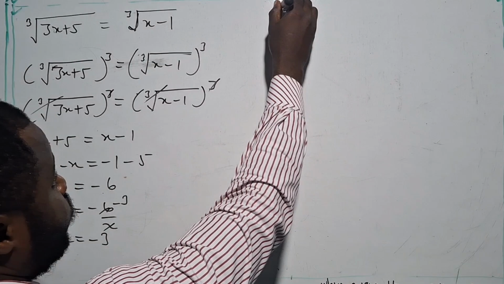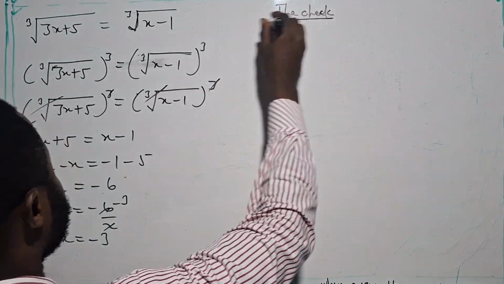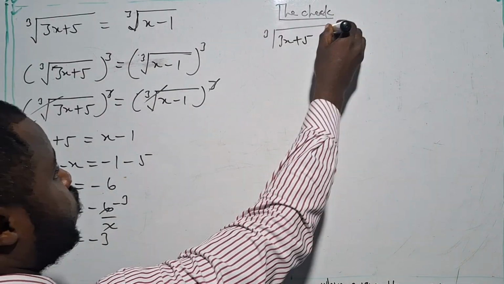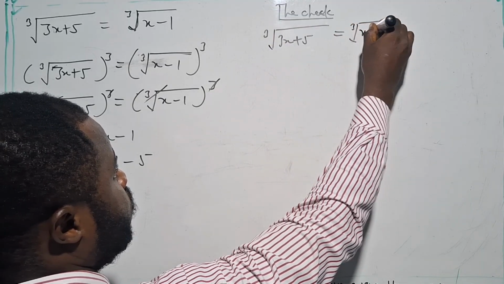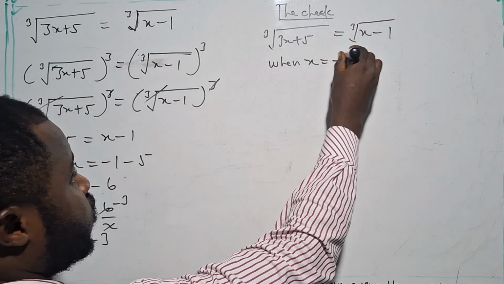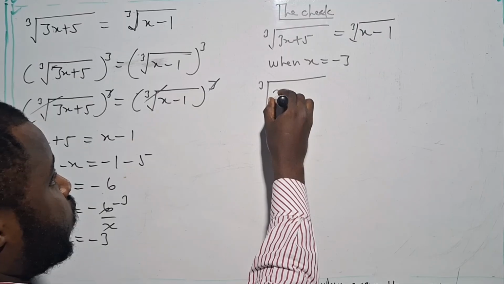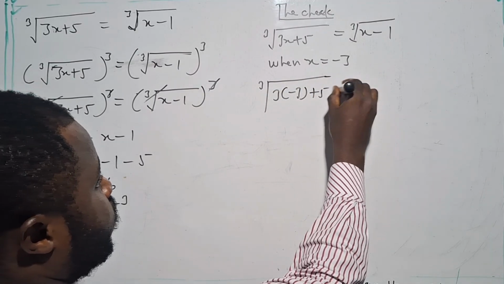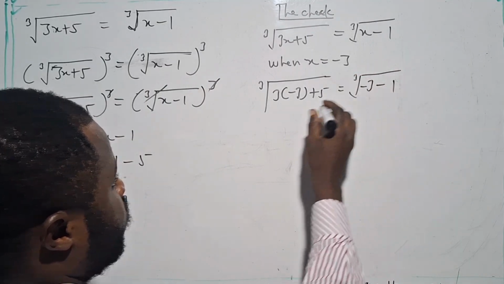Let's do the check and see. So the equation is the cube root of 3x plus 5 equals the cube root of x minus 1, and when x is equal to negative 3, the cube root of 3 into brackets minus 3, plus 5, then negative 3 minus 1.